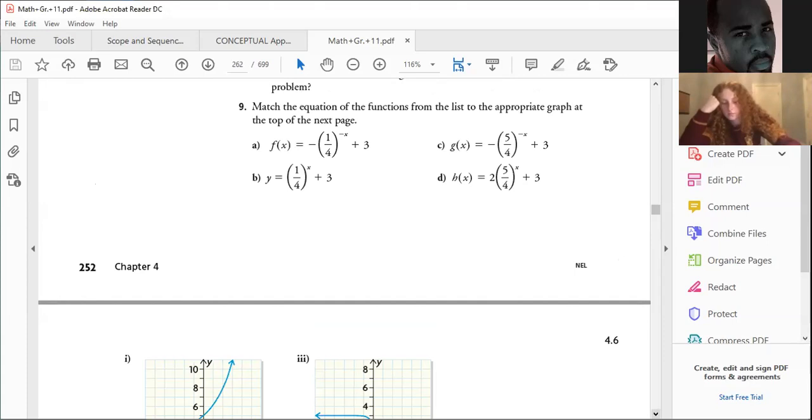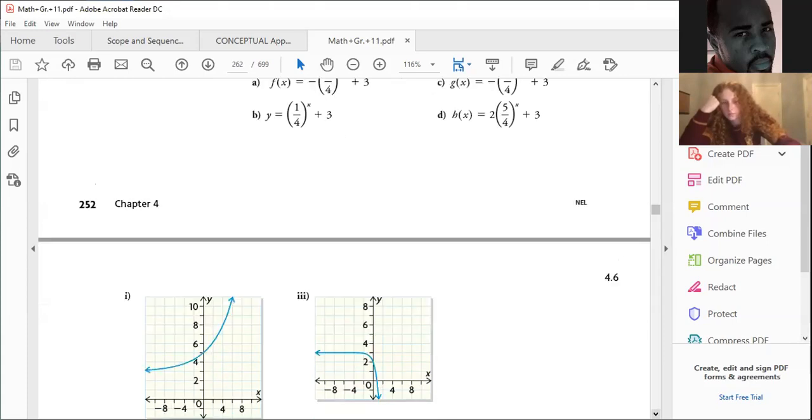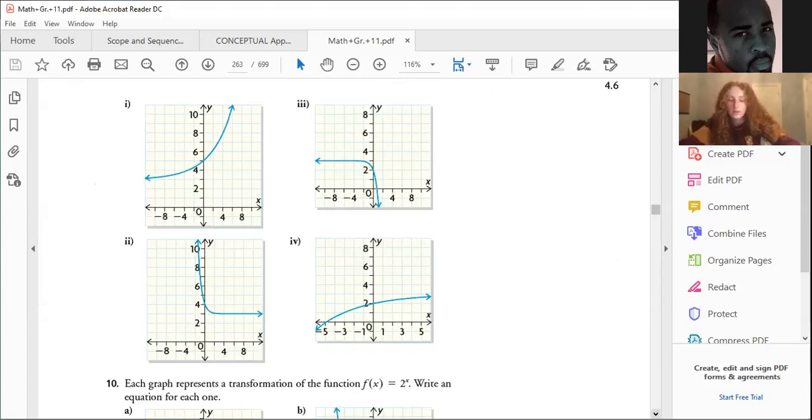All right. So let's see. A has been reflected over my x-axis and my y-axis. Same thing with C. B doesn't have any reflections. B is a decay.